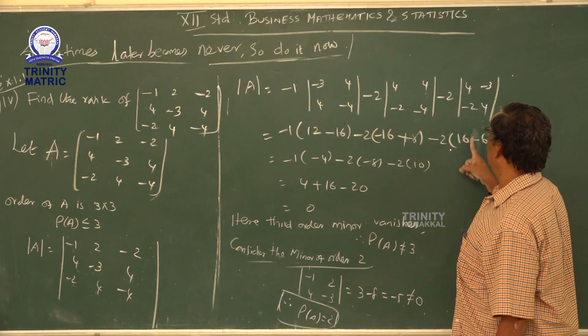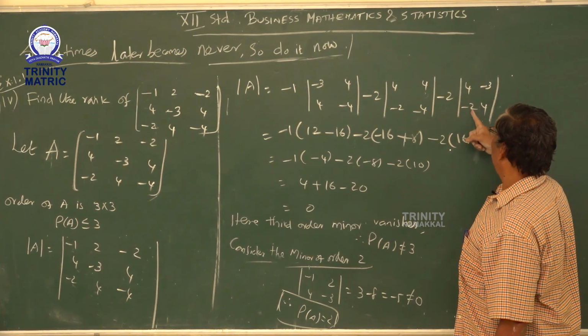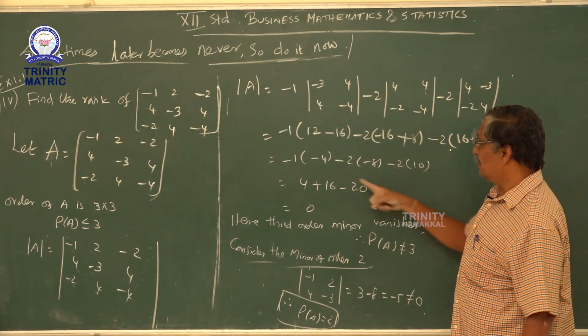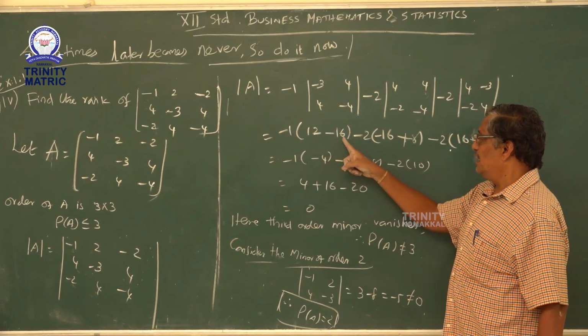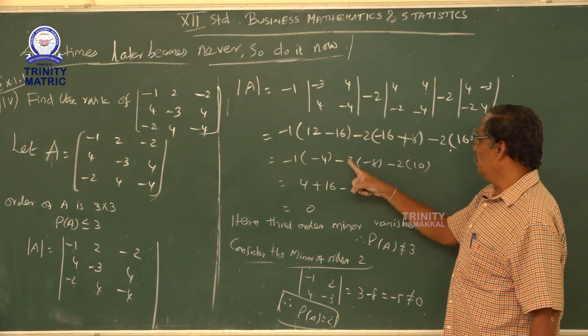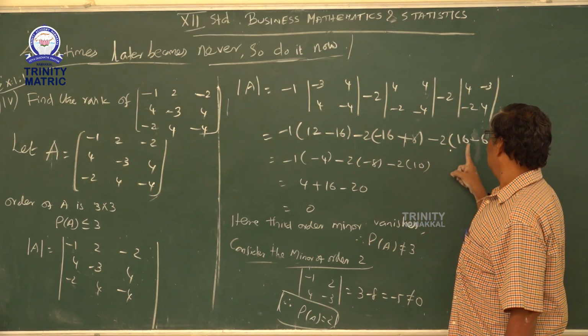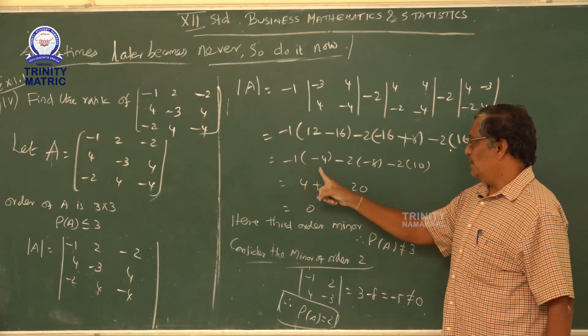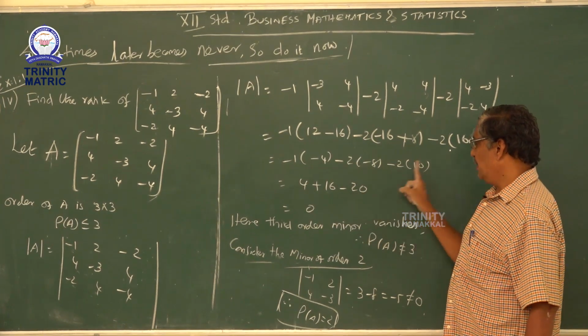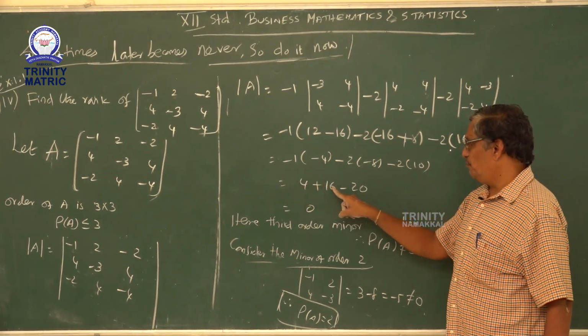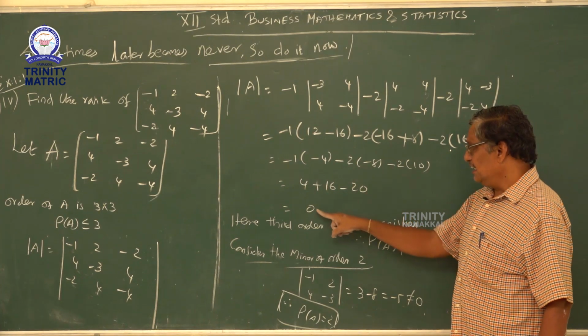Then you have to put a minus sign. Both are negative, 2 3s are 6, minus 6. That's all. Minus 1 times 12 minus 16, minus 4, minus 2 times minus 16 plus 8, minus 8, minus 2 times 16 minus 6, 10, plus 4, plus 16, minus 20, 16, 4 plus 16, 20, minus 20, 0.